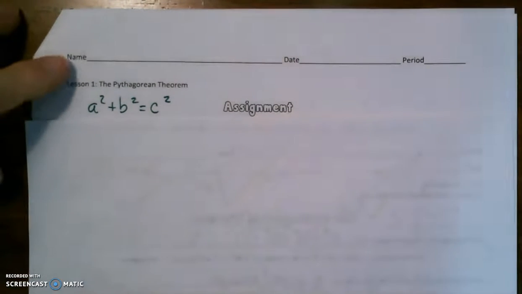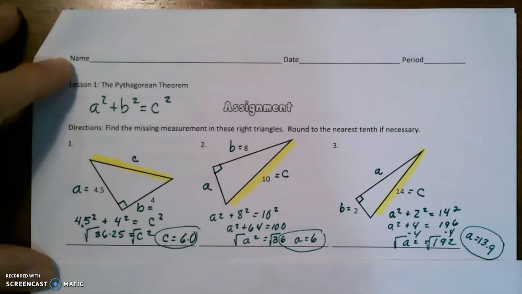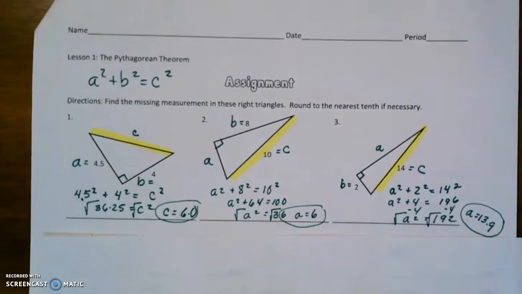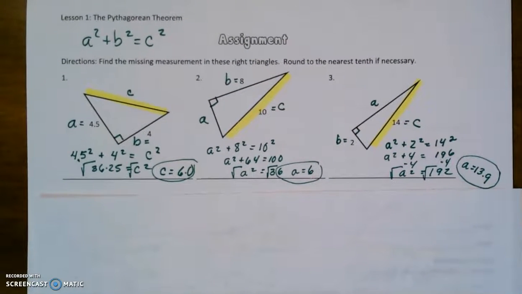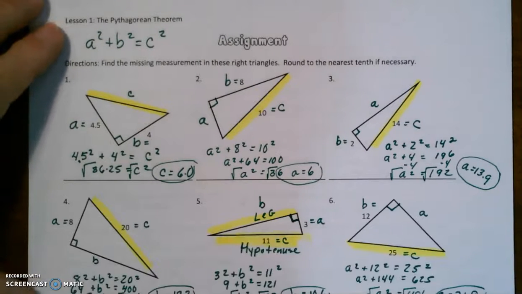All right, here I come with the first set of questions. There's the first 3. So we'll go about it that way. You can check your answers to make sure you're on track. Okay, here come the next set of 3.